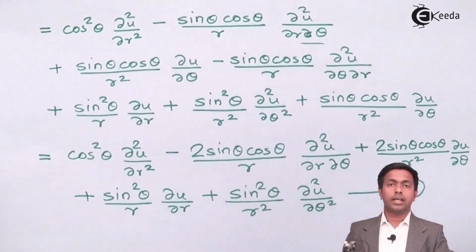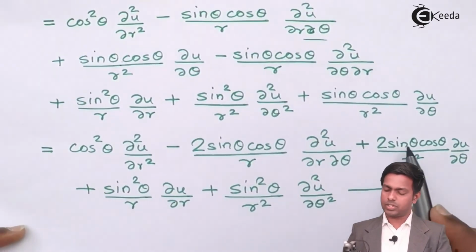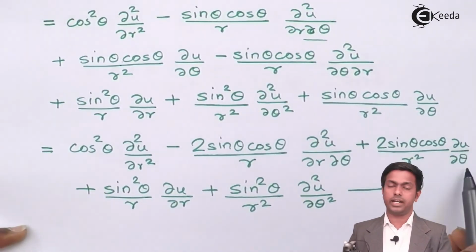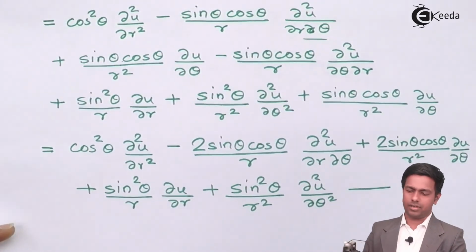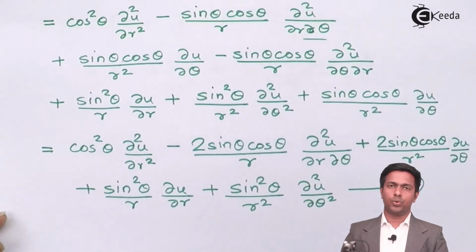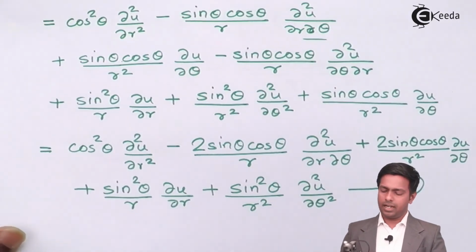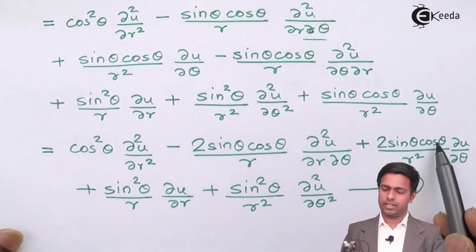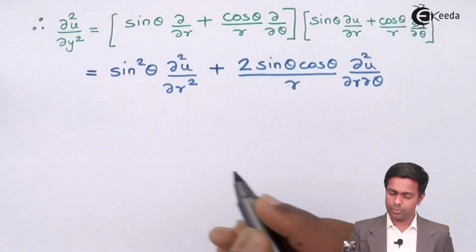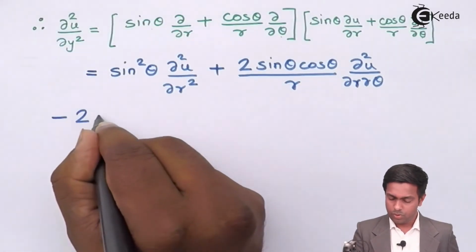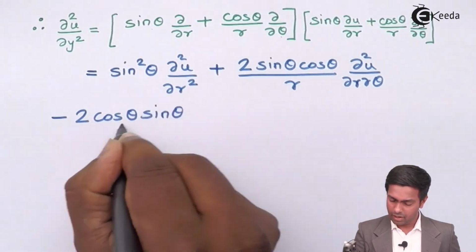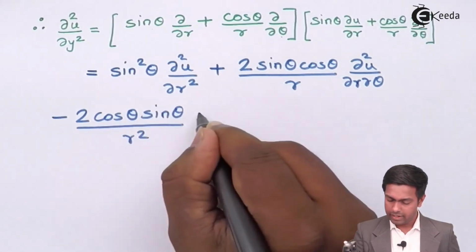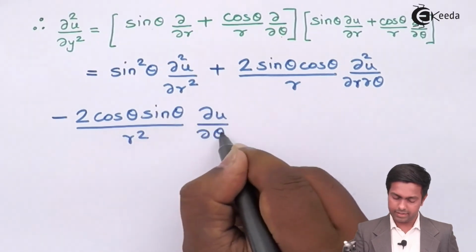Next, in result 1 we have 2 sin theta cos theta upon r square del u by del theta. Now here we have changed the sin theta term to negative cos theta, and cos theta term to sin theta. So that will become negative 2 cos theta sin theta upon r square del u by del theta.